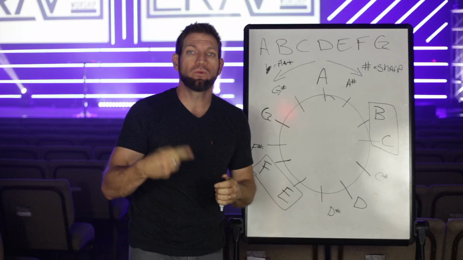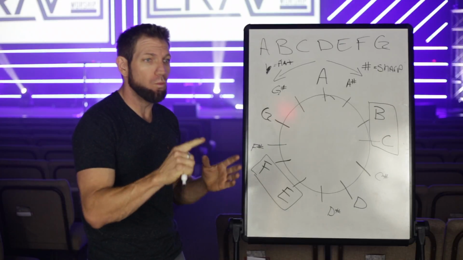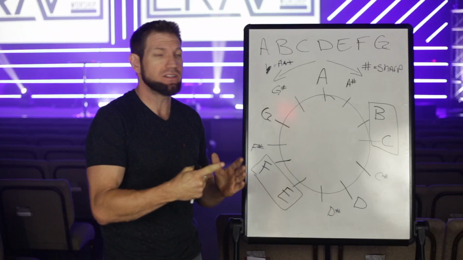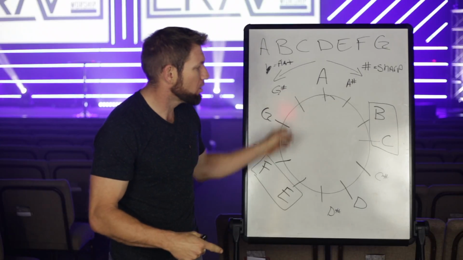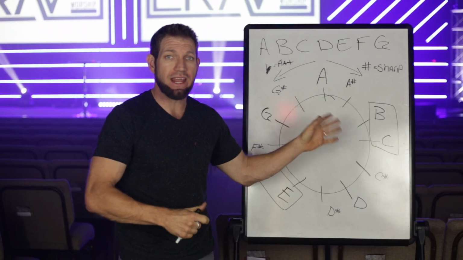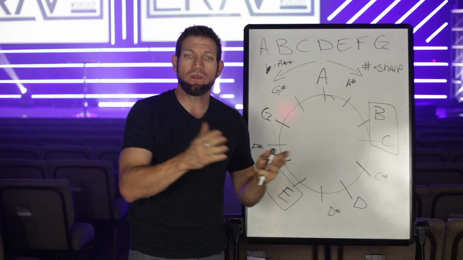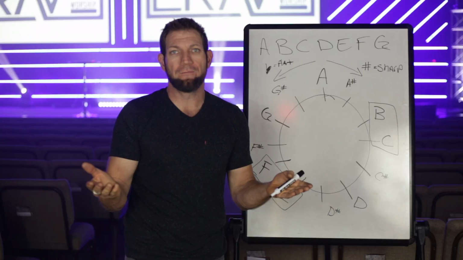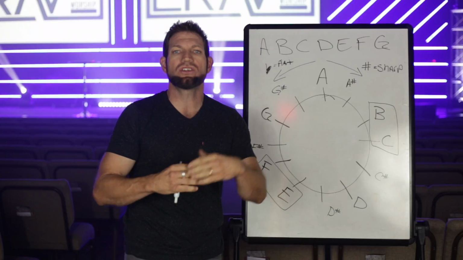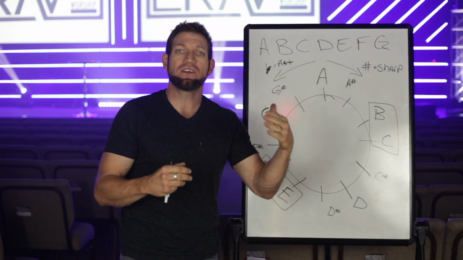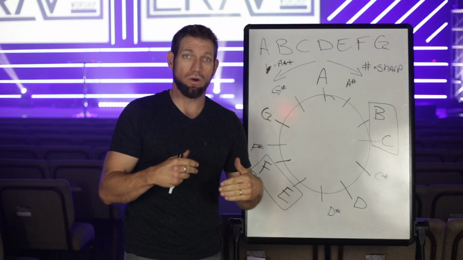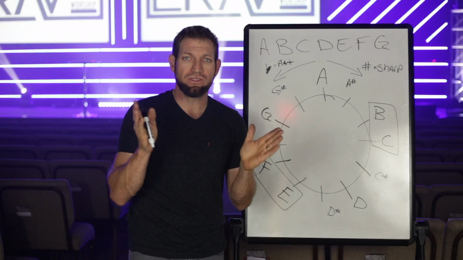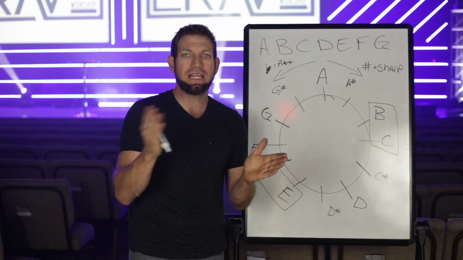Now we've made it one full revolution around our note wheel, so we've gone one revolution or one octave. From one note all the way around, either way, is going to be to the next octave. And octaves, again, going back to the do, re, mi, fa, sol, la, ti, do, we start with do, we end with do, meaning that it's the same note, it's just a higher frequency. So they're the same notes, it's just the beginning and the end of that scale.